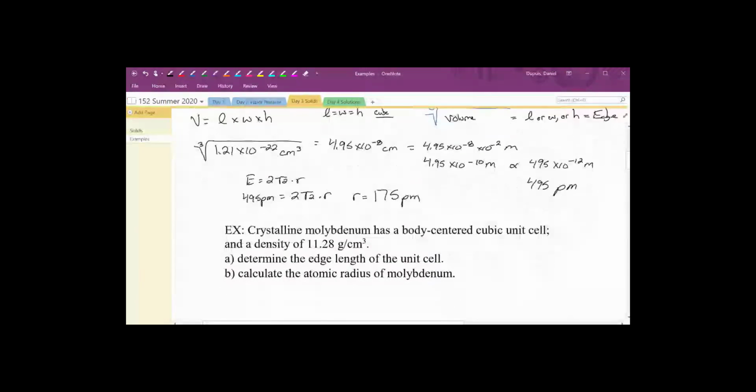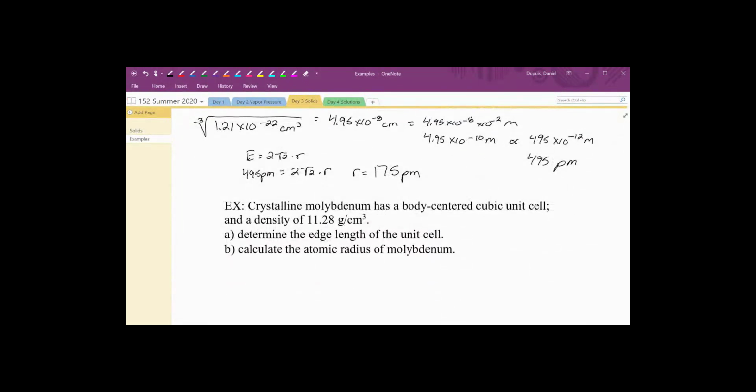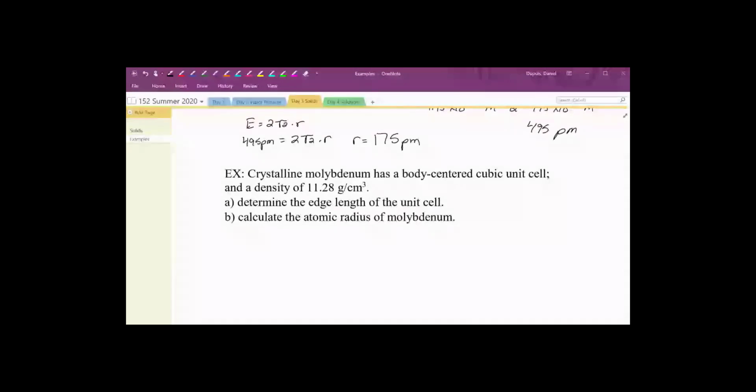The next one, very similar. A and B, right? There's just 2 different points. We did it not much different. So crystalline molybdenum. Molybdenum is Mo, and molybdenum weighs 95.94 grams per mole.